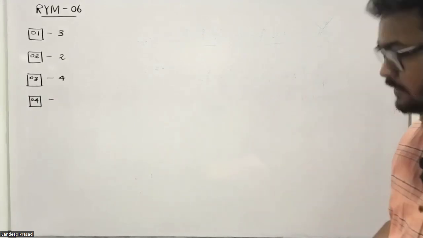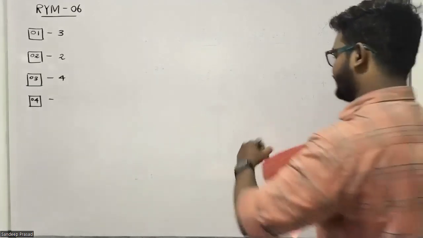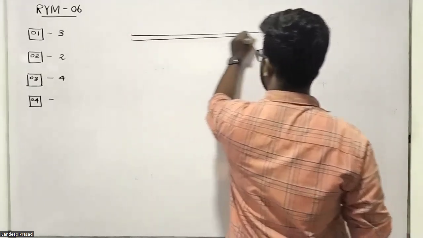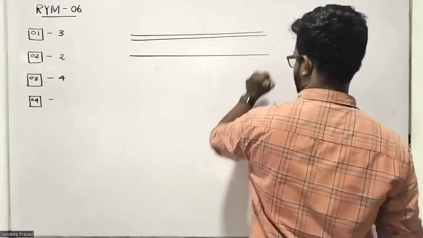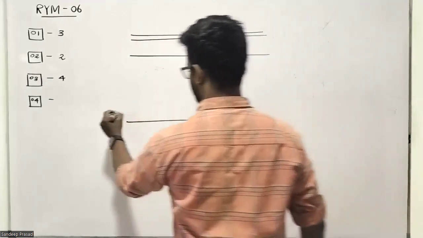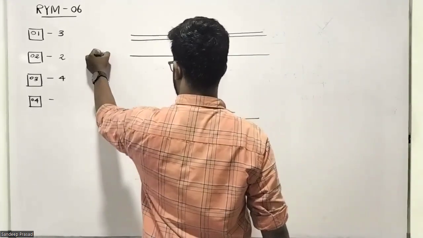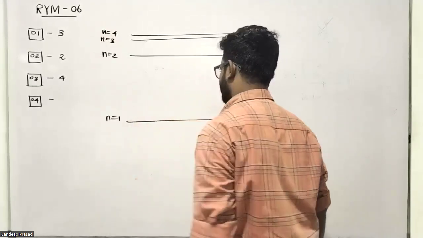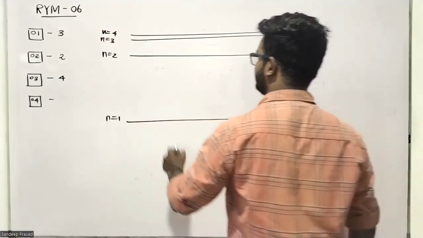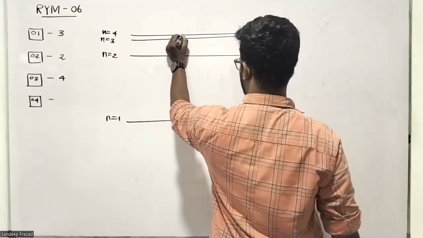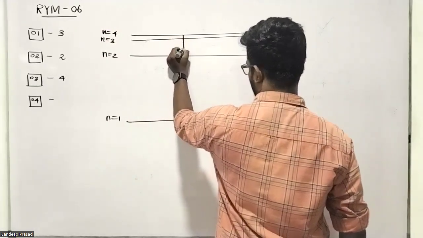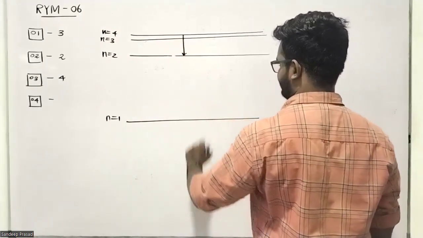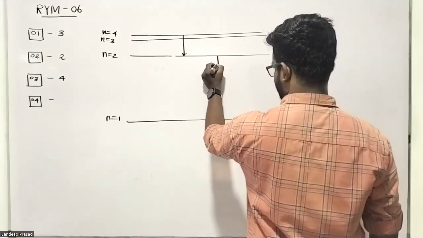Look at this one. We can consider four principal energy levels in this way. So this is n equal 1, n equal 2, n equal 3, and n equal 4. So they have asked us to consider the electron transition from n equal 4 to 2, and then that electron, that means the second principal energy level electron, going to the first principal energy level.